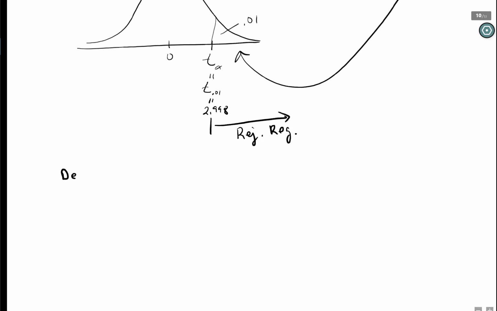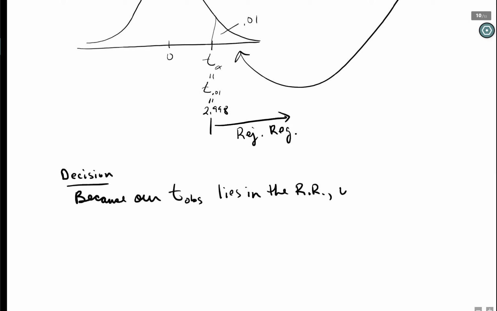So in terms of a decision, because our observed test statistic lies in the rejection region, we reject H naught and accept HA.